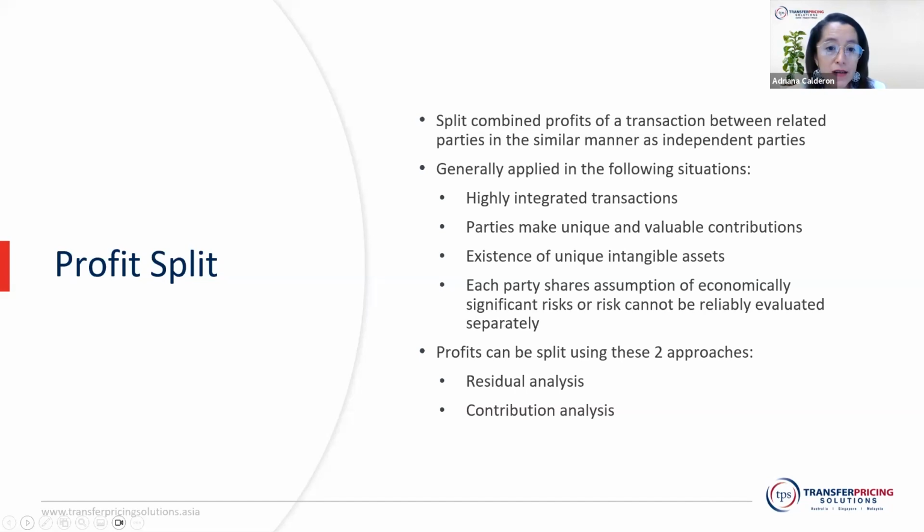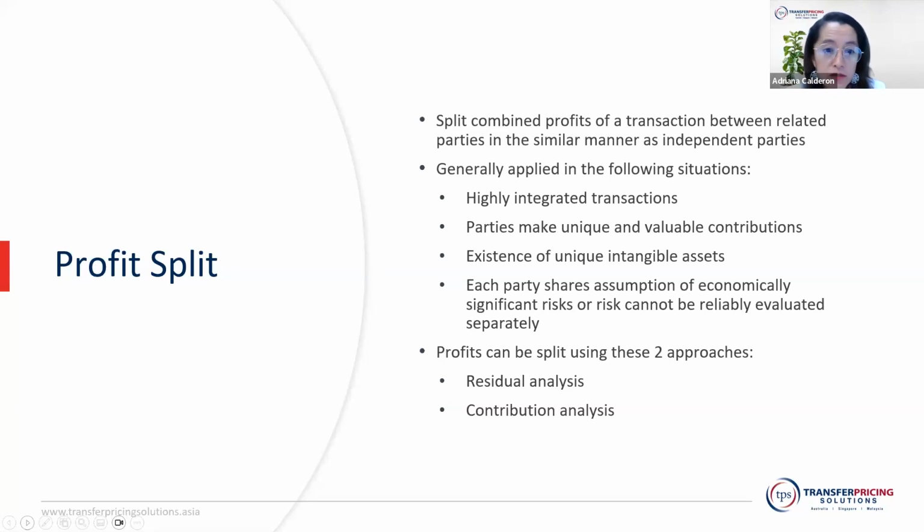When there are highly integrated transactions, when the parties, not only one but several, make unique and valuable contributions, when there is existence of unique intangible assets, and my original point, when each party shares assumptions of economically significant risk that cannot be valued separately. Again, it is important to take this into consideration, because this can be one of the limitations as to why the profit split cannot always resolve every single business model.